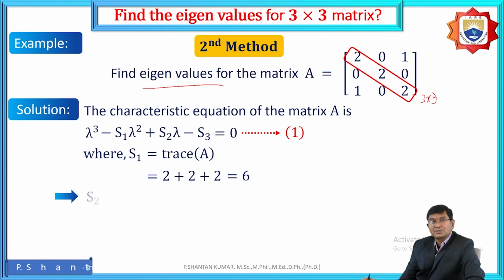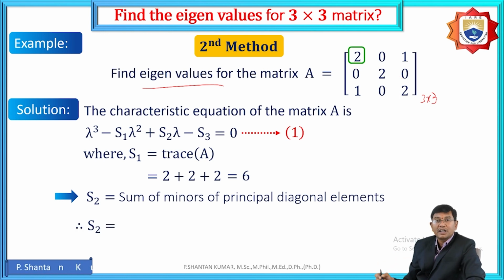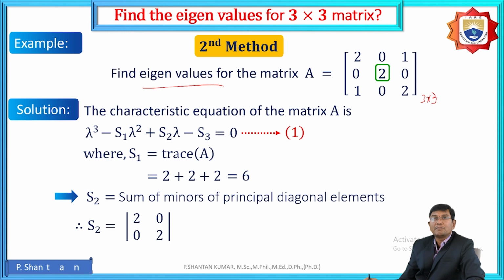Again, S2 is the sum of the minors of the principal diagonal elements. As we know, for the first minor of the element, we delete the particular row and column.